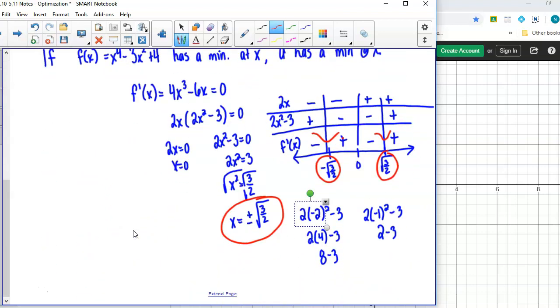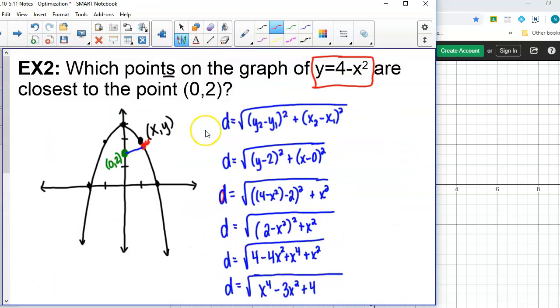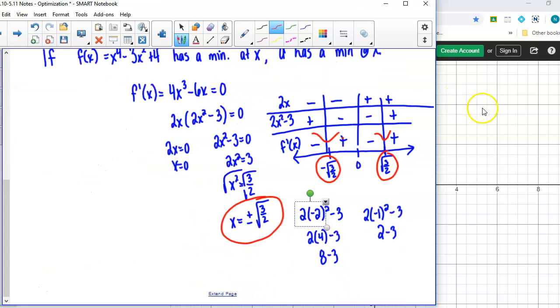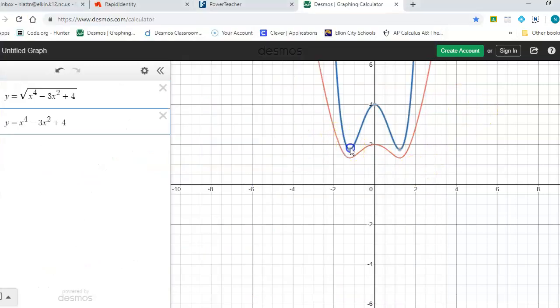And I am not going to take the time, but especially since you get square root of 3 over 2, if you needed to know, this one in particular asks for the points on the graph, so you would need y coordinates. I am just going to look over here at Desmos and tell you that it's 1.75.